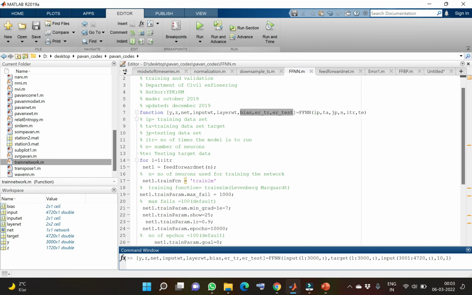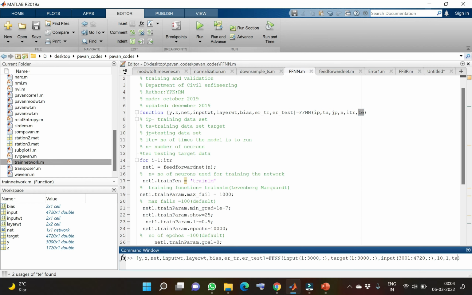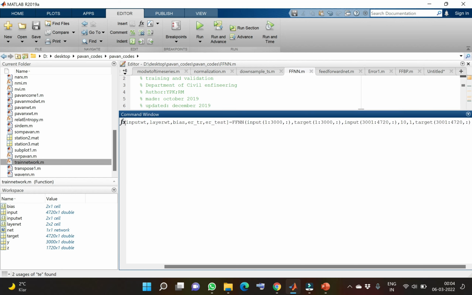So here underscore ts, and here we have given a new variable te. So we need to include the te. TE is the target of the remaining values from 3001 to 4720, all columns. So this is the data which we wanted to compare the output for.